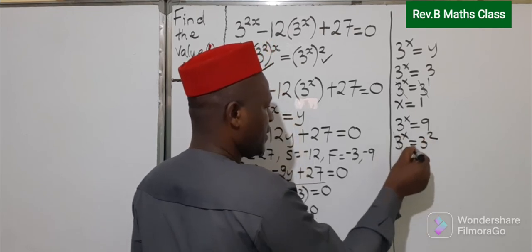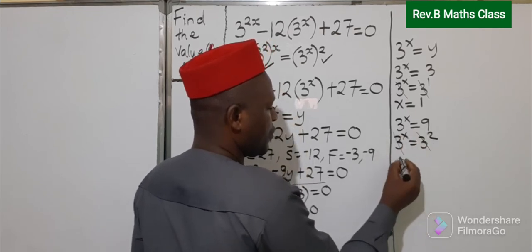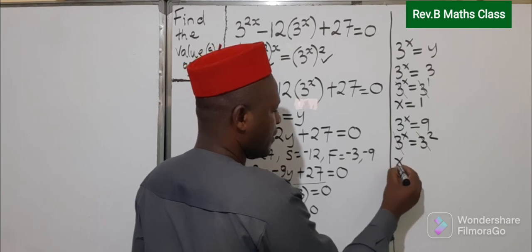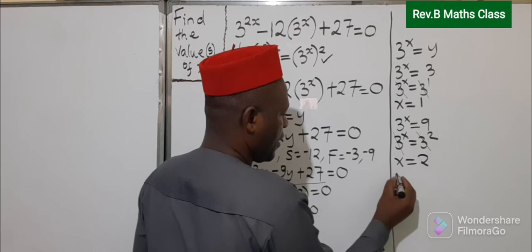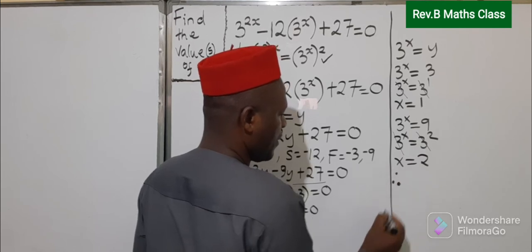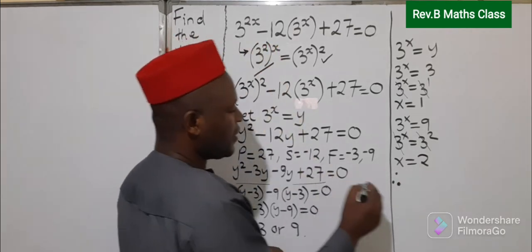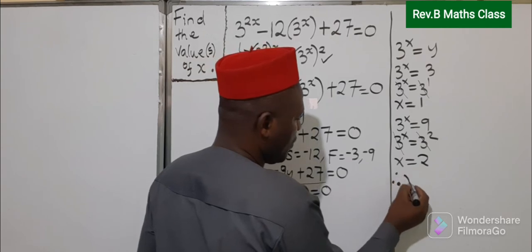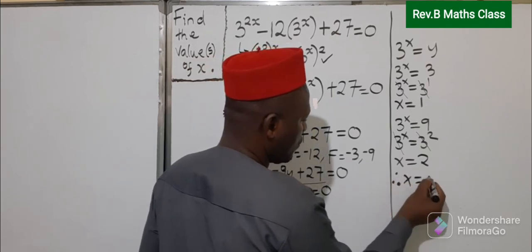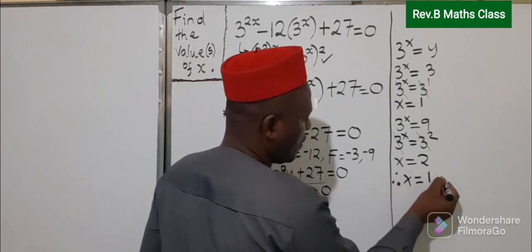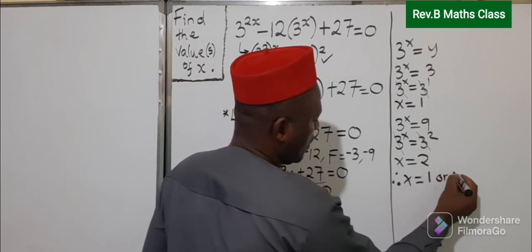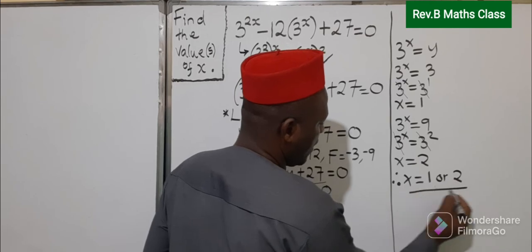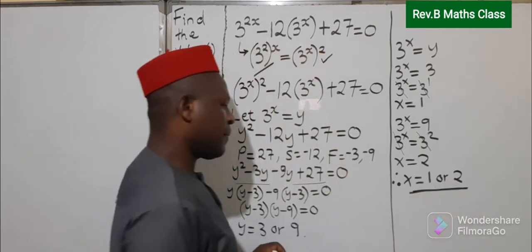The bases are the same. So your answer will be x equals to 2. Therefore, the values of x for that equation will be x equals to 1 or 2. These are the answers.